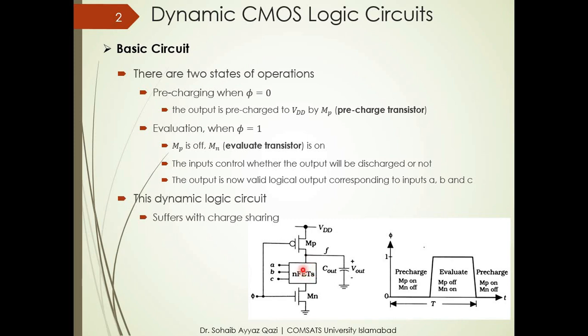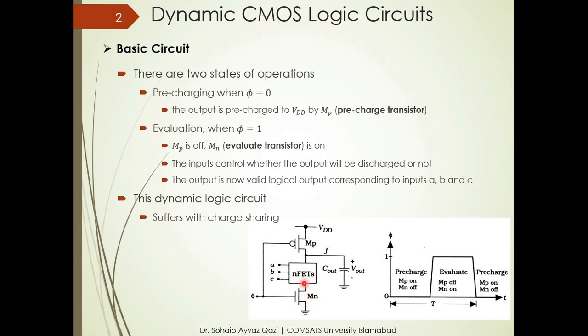So what problem do we have for this type of circuits? The issue is known as charge sharing. And charge sharing means that in case there is no path present to ground through the NFET logic, and through this NMOS to ground.